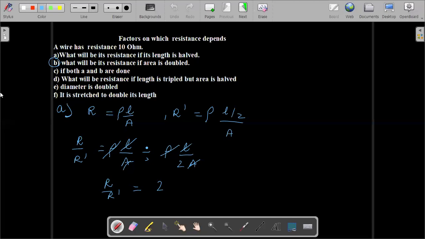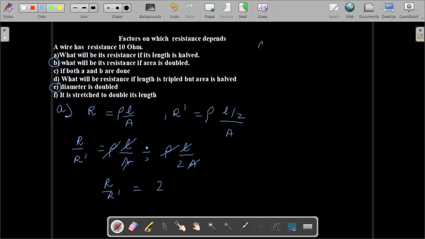E and F. Okay. So consider whenever there is a change in diameter, there will be a similar change in radius also. If diameter is doubled, the radius will also get doubled. Think like this.